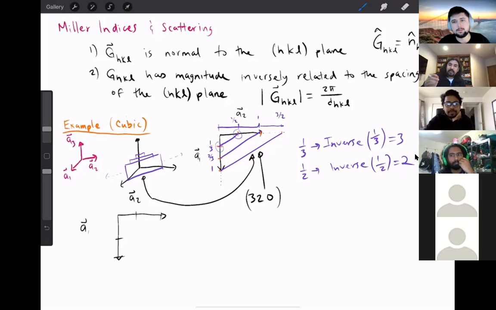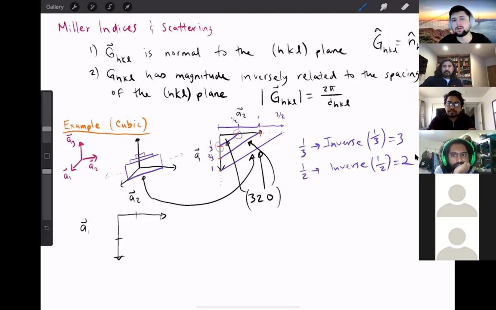There's a set of planes and they're all separated by the same distance from each other. They're parallel to each other. And this 3-2-0 tells you where they cross the axes. They're all 3-2-0. It's like a set of planes.